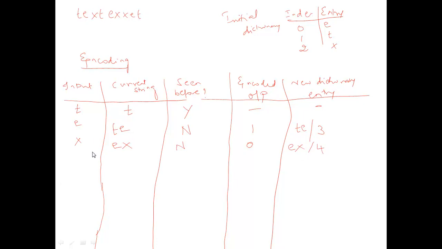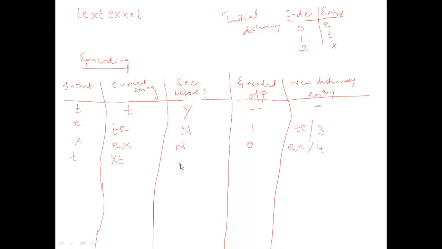Next the letter is T. Current string as usual, whichever is not encoded previously. So we have already encoded till T, and also E is encoded as 0. Only X is left out. So whichever is not encoded is X and the current input is T. This is the current string. Whether we have seen this current string, it is not there in the dictionary entry, you can see.